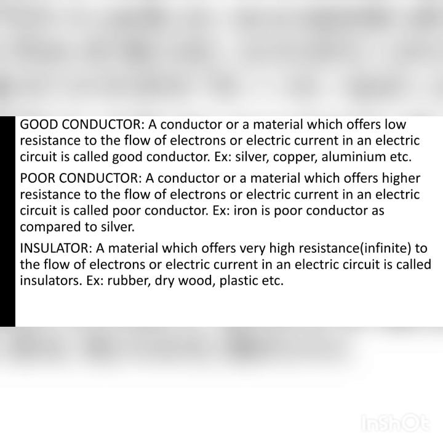This comparison is between good conductor and poor conductor. So iron is a poor conductor as compared to silver. Similarly, copper is a poor conductor as compared to silver. So poor conductors offer higher resistance as compared to good conductors.